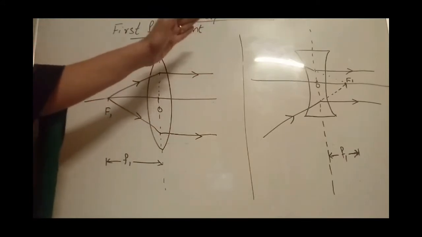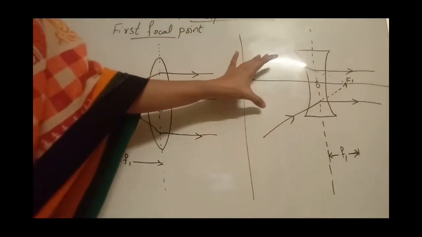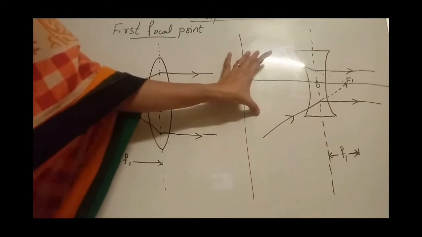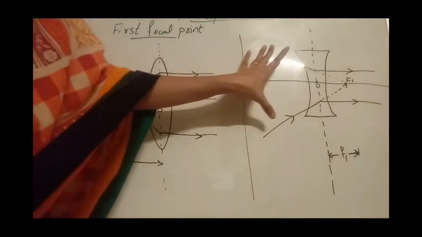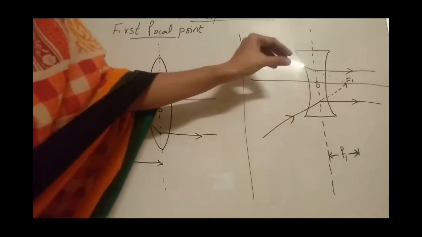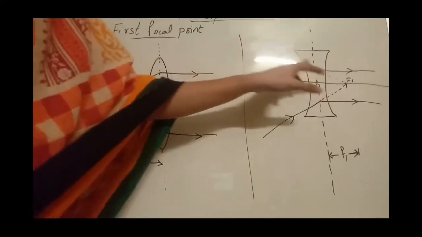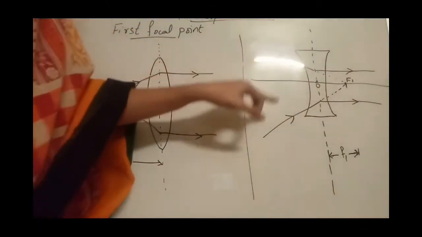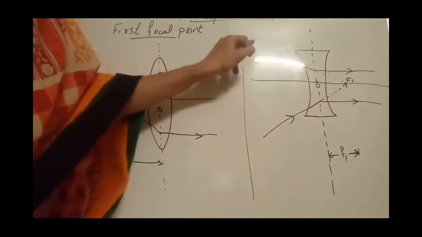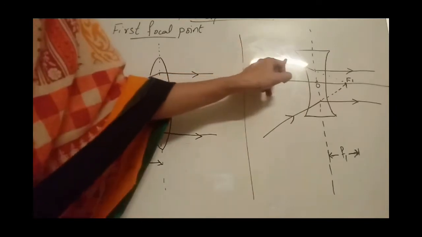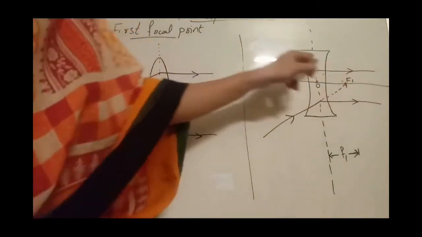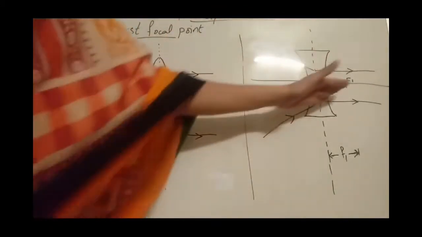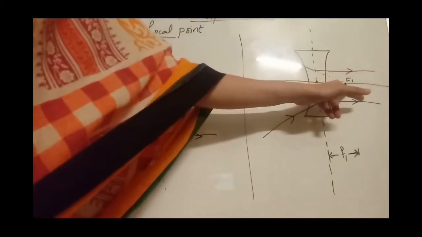The way we define the first focal point for the concave lens is, suppose rays are coming, it seems to be coming, here it is F1. Here this is the first ray, this is the second ray. They seem to be coming from, or moving towards, the focal point, a single point on the principal axis.